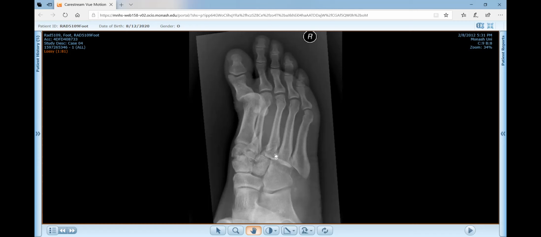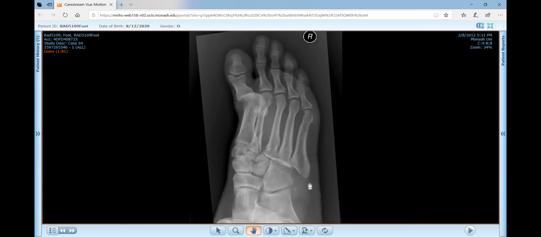The other important thing to notice here is that there are also fractures, and there's multiple fractures of the cuneiform, and it also looks like there are fractures of the proximal metatarsals of the second and of the third metatarsal.